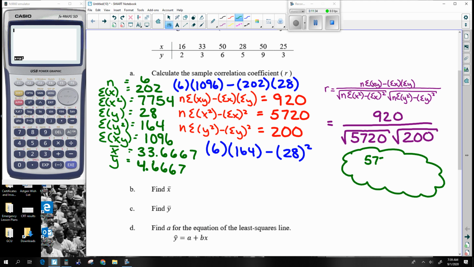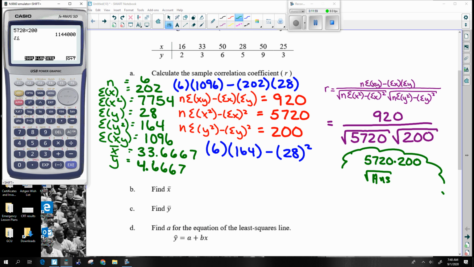So 5,720 times 200. No square roots or anything, and it's going to be a really large number. That's fine. Then I square root that answer. That in itself is now the denominator.